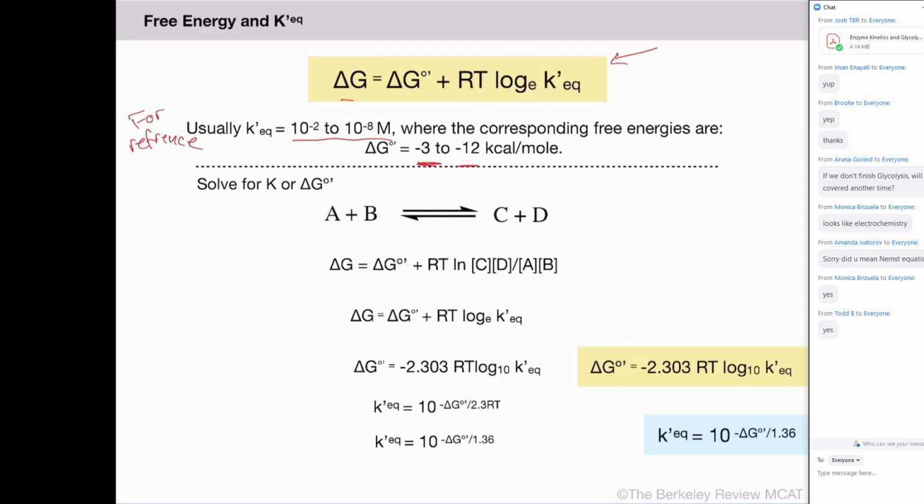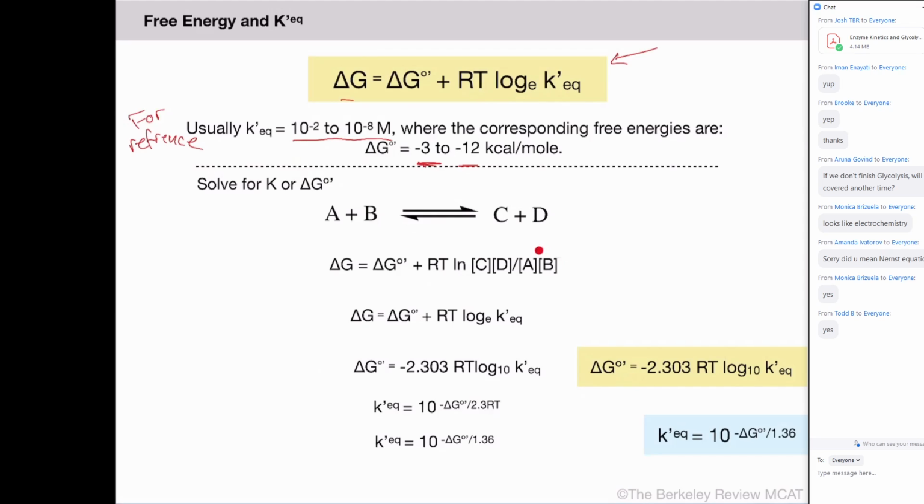If we wanted to draw this out to better understand it, and solve for either K or delta G, we take our reaction and plug it back into this free energy and equilibrium equation, and you get delta G equals delta G naught prime plus RT ln of your KEQ.